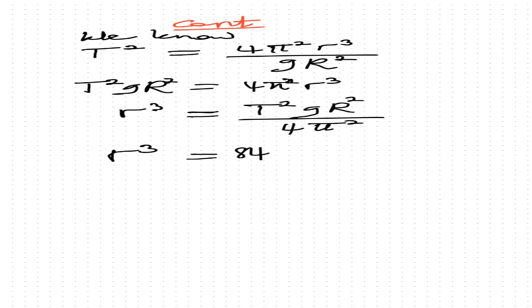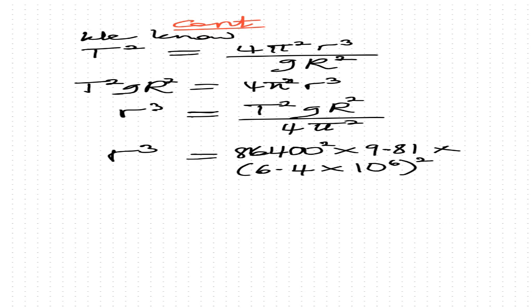So let's fix in. We got our T to be 86,400, times 9.81, times our big R, all squared, all over 4 pi squared.